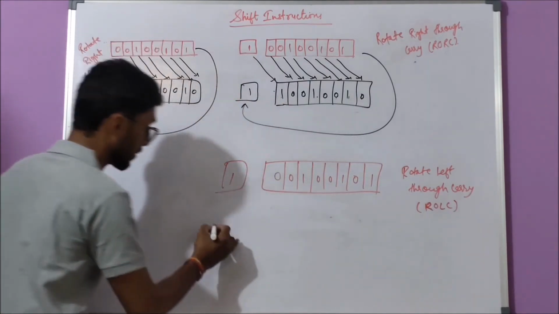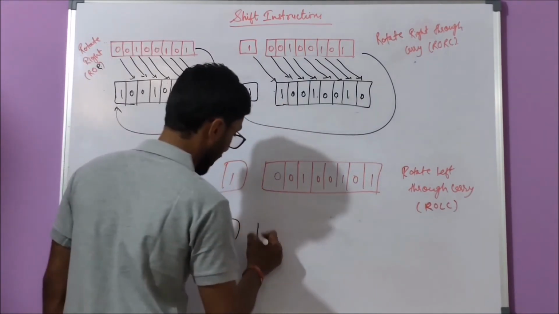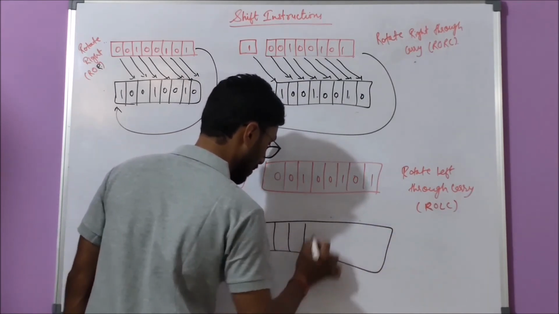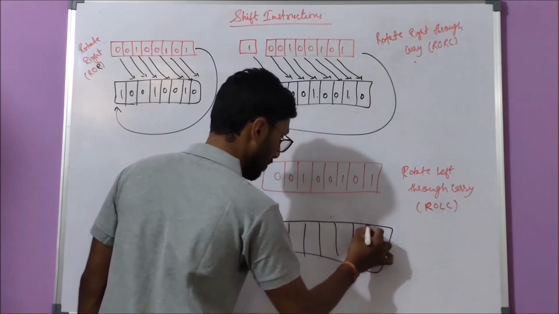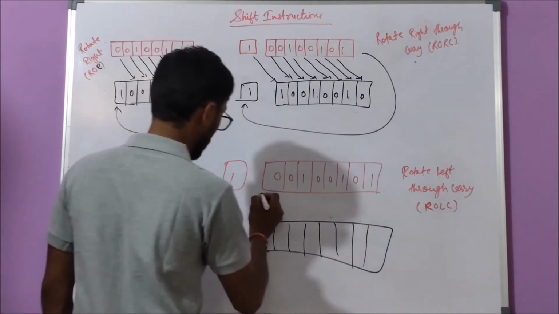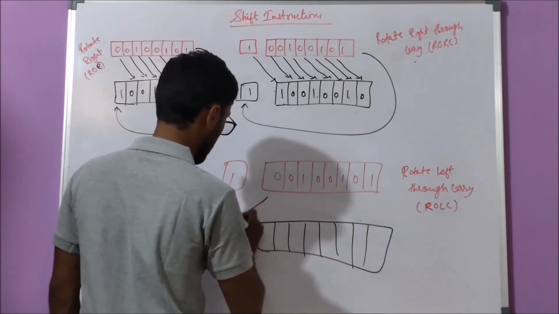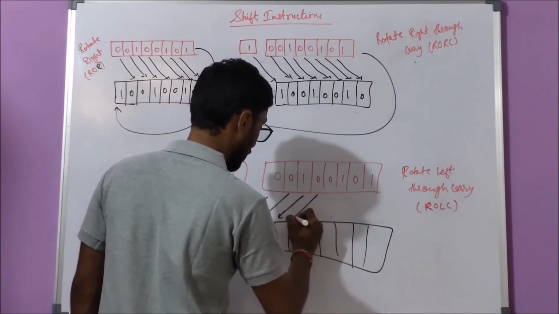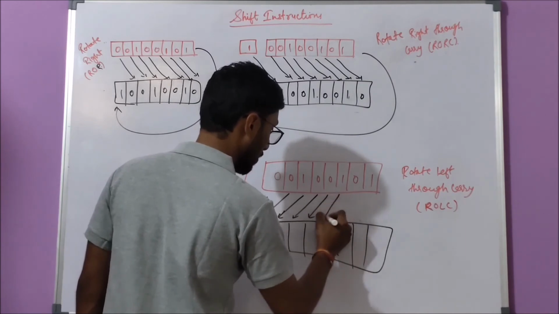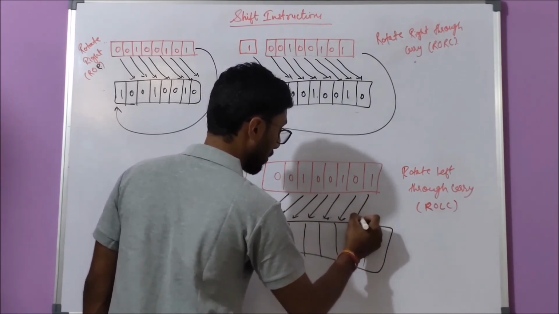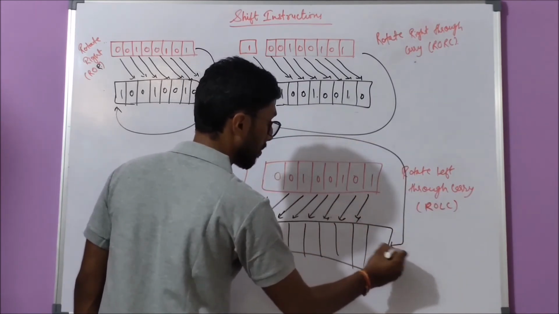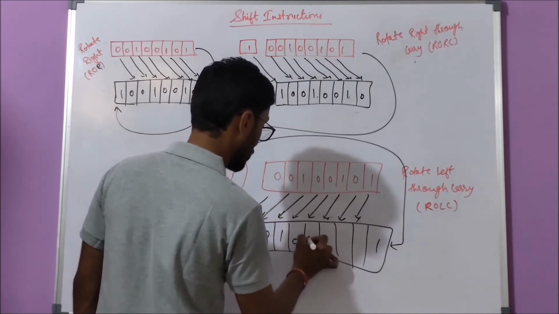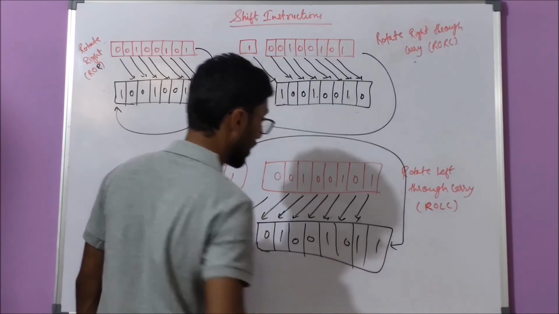Okay, now this one is rotate left, right? Left, so this 0 will be here. 0, 0 1 0 1.